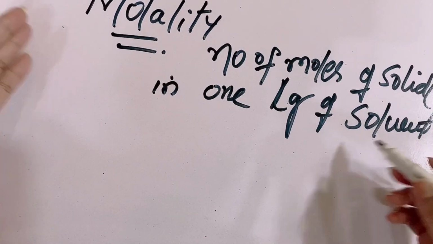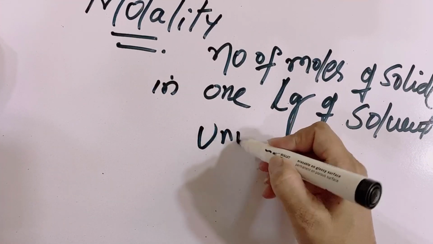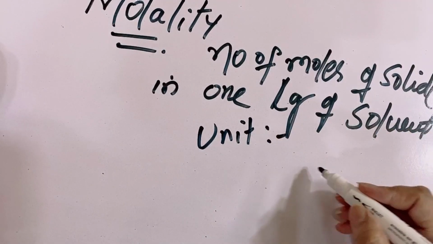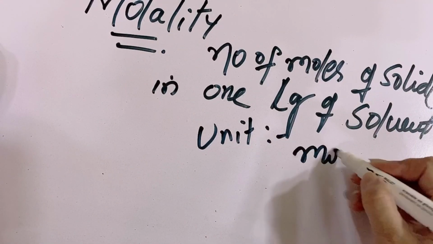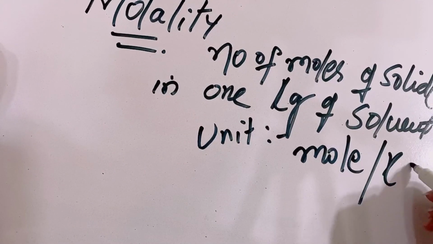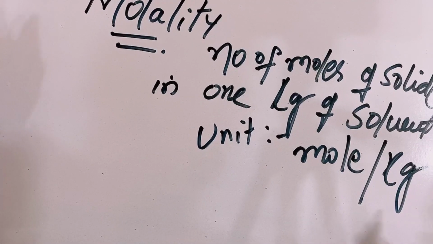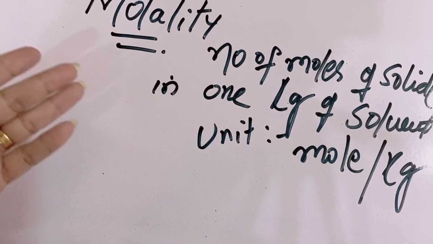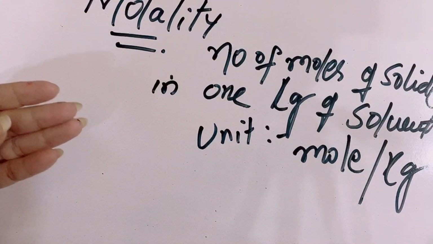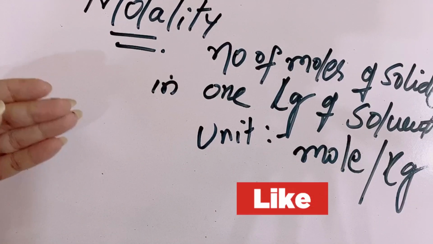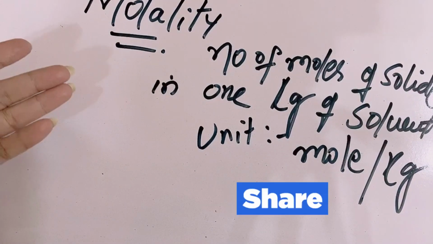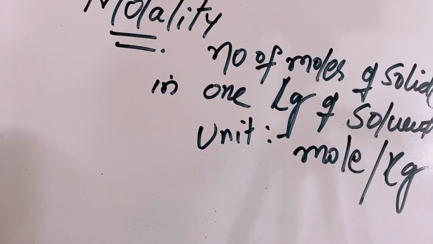And the unit for molality would be mole per kilogram. So a solution of 4 mole per kilogram is said to be a 4 molal solution. I will just explain it to you.